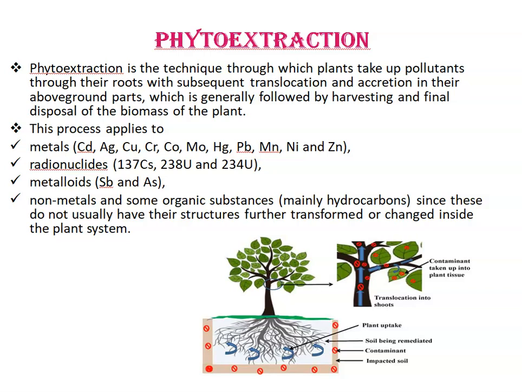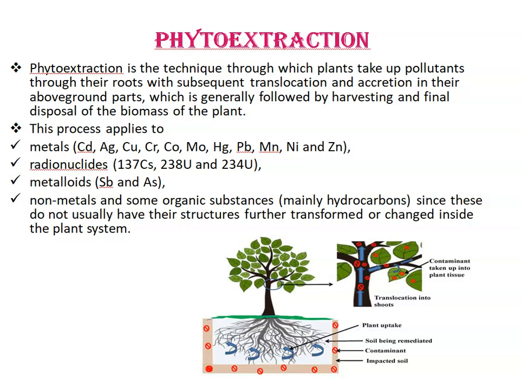Few important points I would like to discuss with you are the factors responsible for absorption mechanism of heavy metals, like plant species. Uptake of heavy metals is influenced by nature of the plant species. The special plants used for phytoextraction are called metallophytes, and they are divided into three categories: metal excluders, metal indicators, and hyperaccumulators.